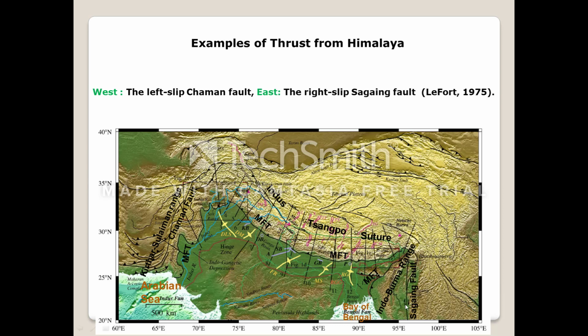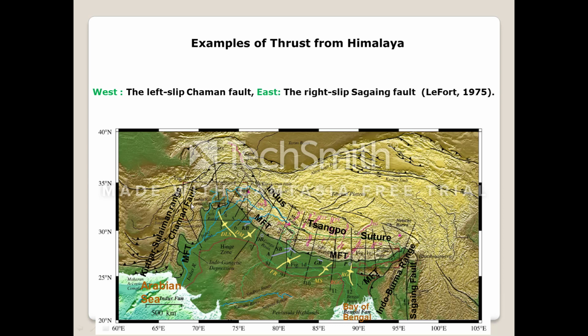So always keep one thing in your mind: in a horizontal section, only when the movement is towards the left or right can we apply the sinistral or dextral criteria, or the left slip or right slip criteria. Okay, so the Chaman fault marks the boundary between Indian and Eurasian plates.